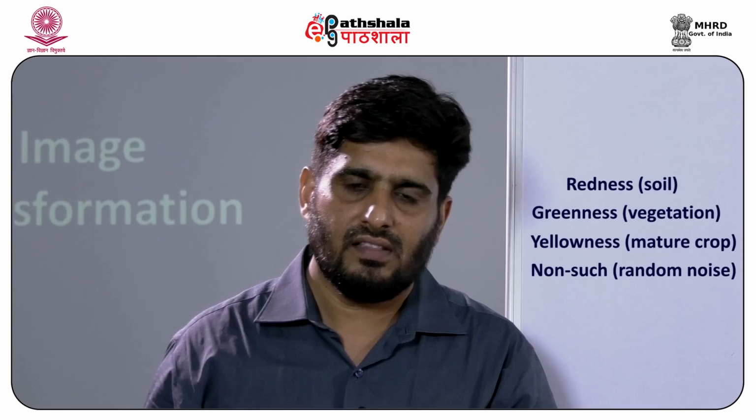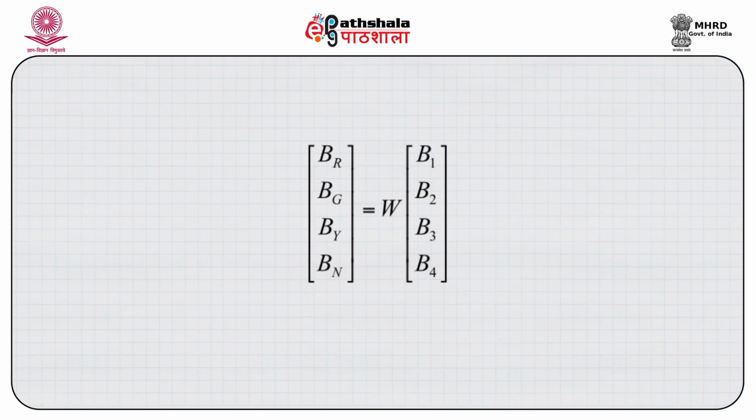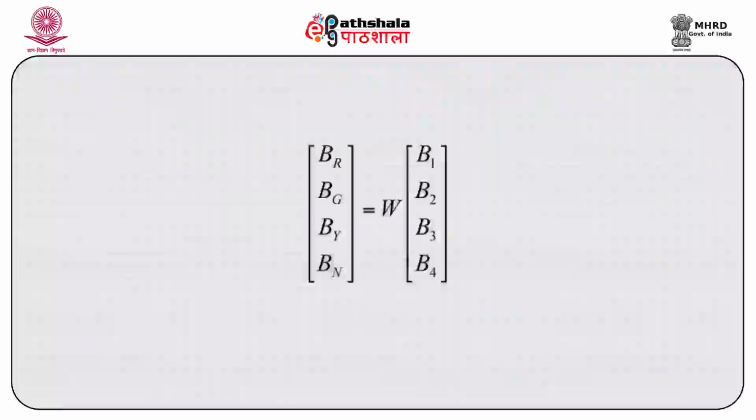As we can see, the matrix given by Kauth and Thomas suggests certain weights for different spectral bands and for different components of the crop. These can be compared as here BR, BG, BY, BN, where BR is the redness, BG the greenness, BY the yellowness and BN is non-such or the noise in the data.